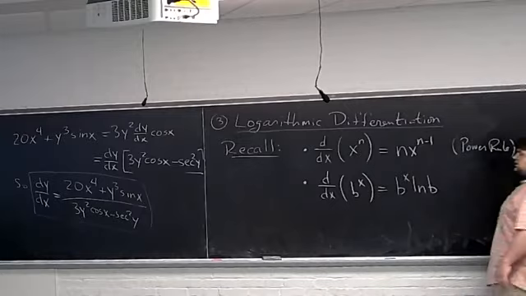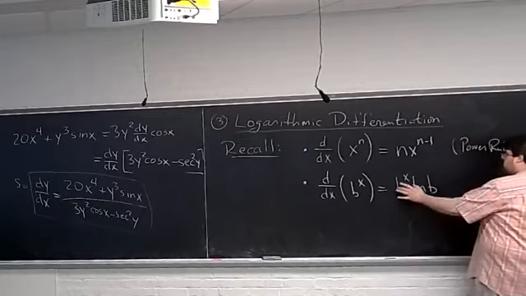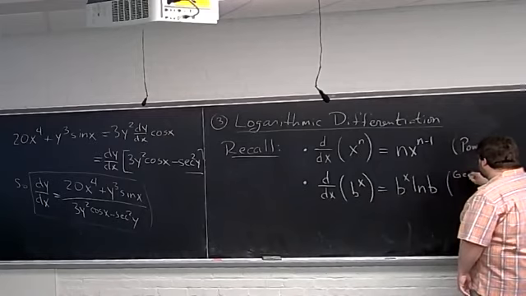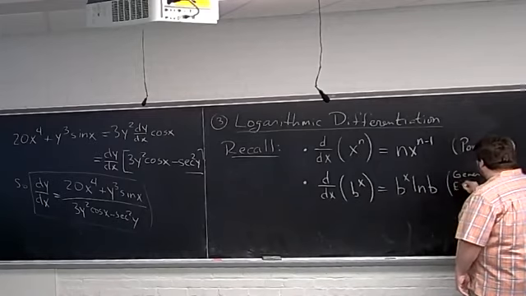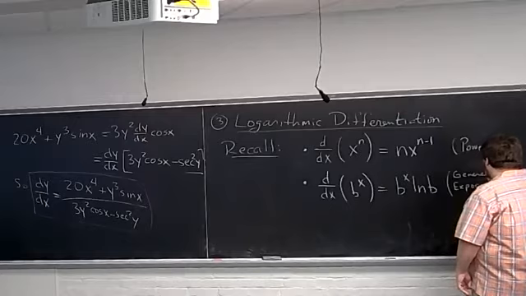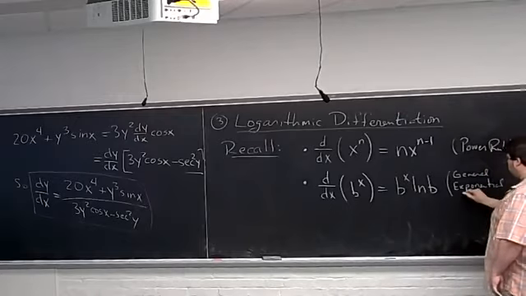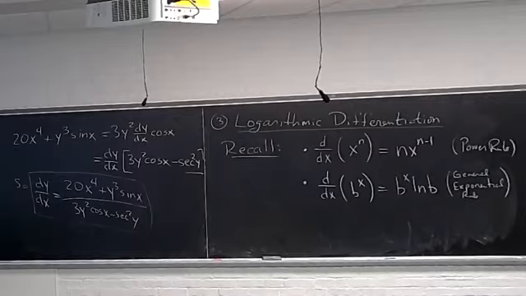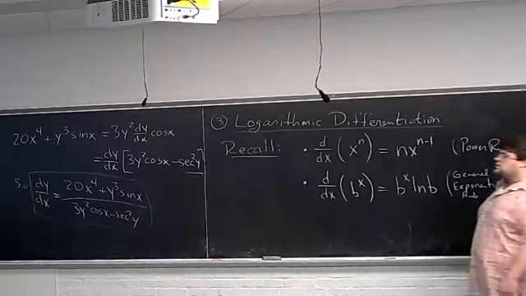The derivative of b to the x is b to the x times the natural log of b. So I'll call this the general exponential rule. So the first case, we have x's in the base and numbers in the exponent. The second case, we have numbers in the base and x's in the exponent.